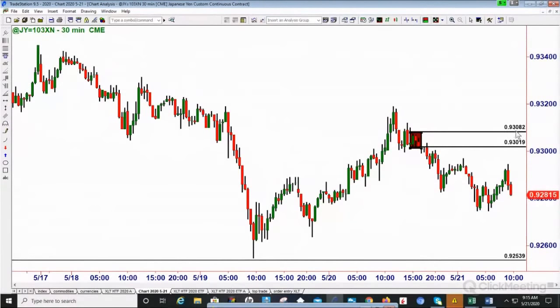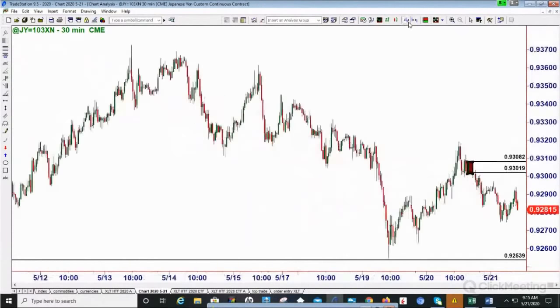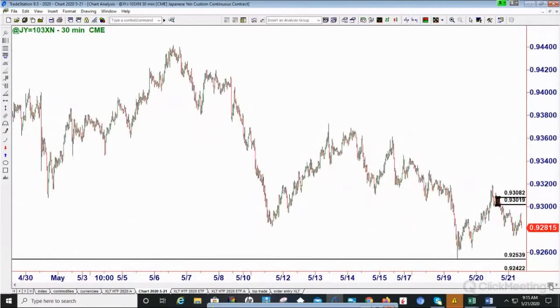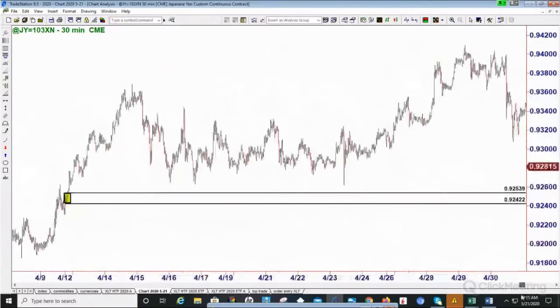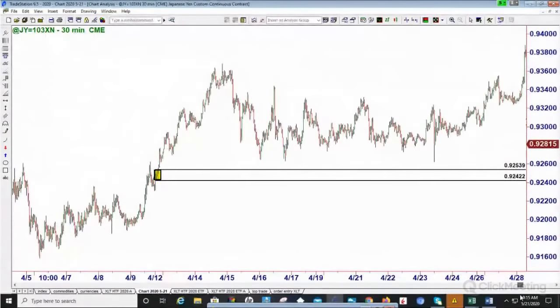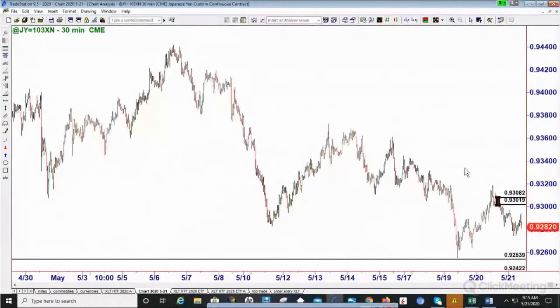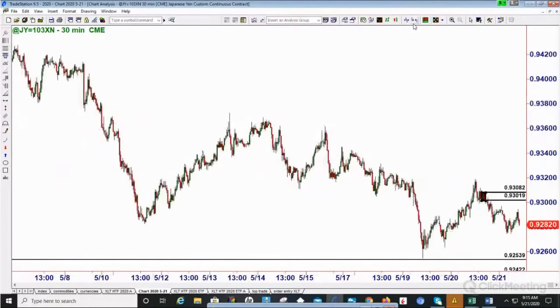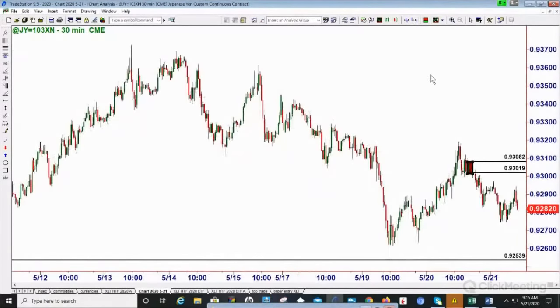93.01 to 93.082. The bottom demand, we just barely touched it. It can still work for you. Again, I would just watch out for new supply that forms. With JY, it's going to be a little bit more inverse to the market, so it can turn around if the equity markets find any sort of weakness. But remember, JY has to deal with the dollar and the stock market both.